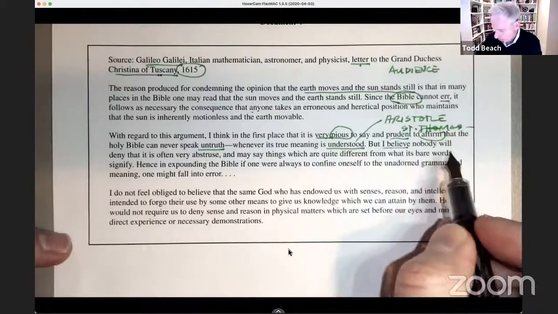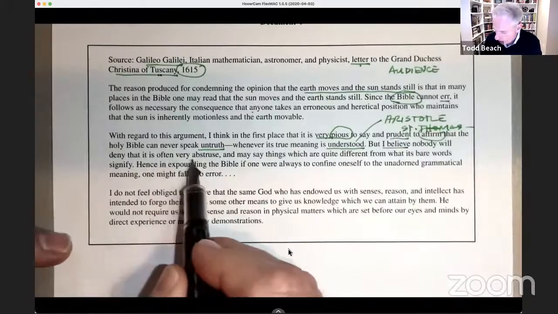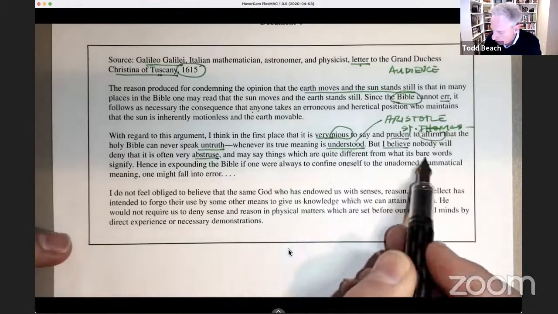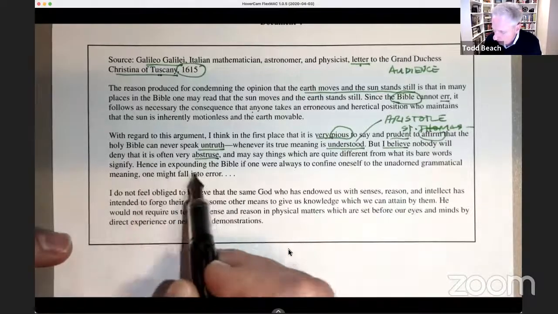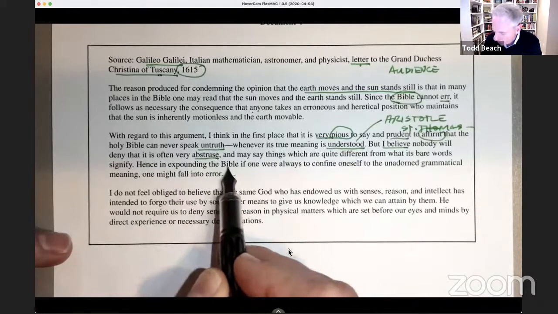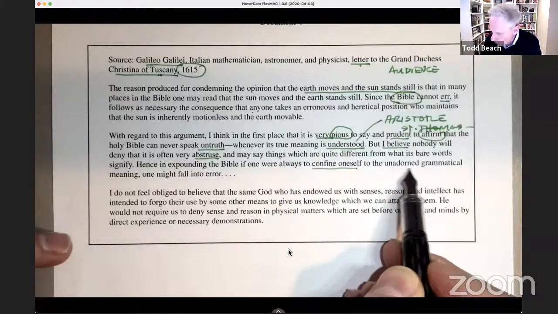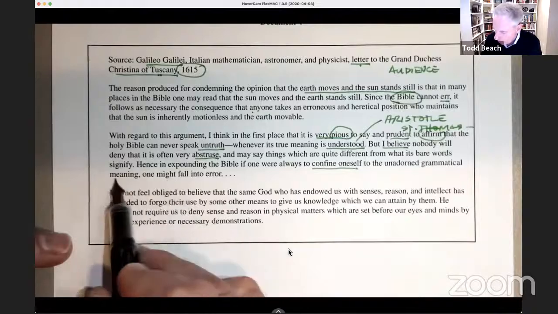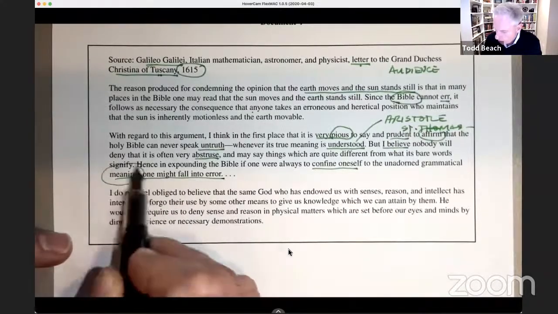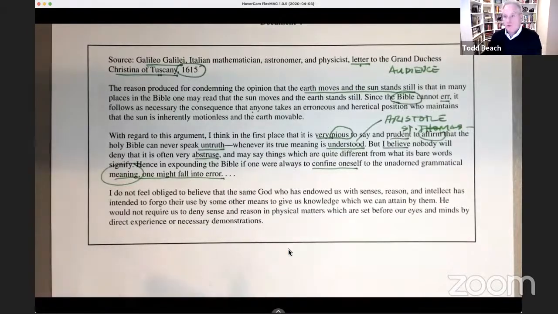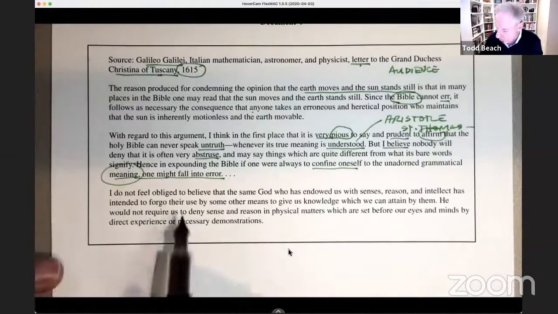But I believe nobody will deny that it is often very abstruse and may say things which are quite different from what its bare words signify. Hence, in expounding the Bible, if one were always to confine oneself to the unadorned grammatical meaning, one might fall into error. So unadorned grammatical meaning is that we have to believe that this was written at a time, in a different time, and now we're learning something new.